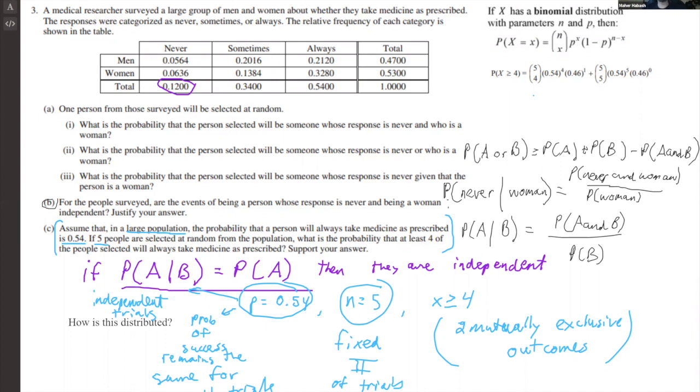So in order to use CDF here, you'd have to use 1 minus the binomial CDF of 3, so you subtract 3, 2, 1, and 0 from there. Or you could do the binomial PDF of 4 plus the binomial PDF of 5.